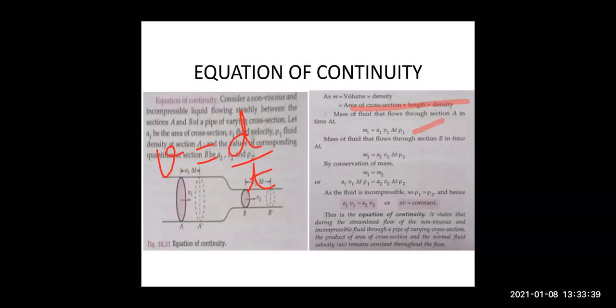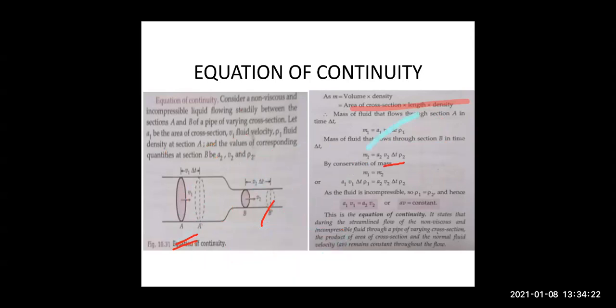So can we write distance equals speed into time? Here, distance is the length. What is the velocity in section A? V1. What is the time? Del T. So instead of length, can we put V1 into del T? Yes. And density is rho 1.